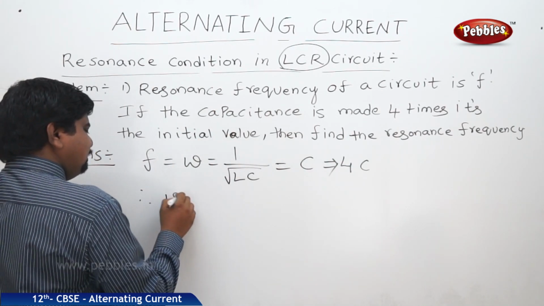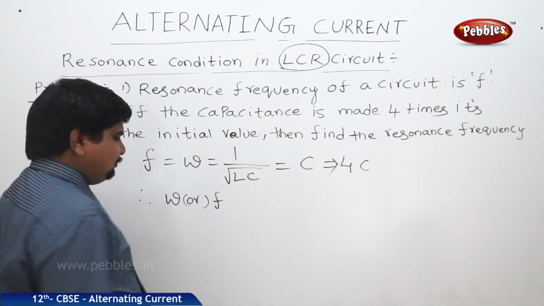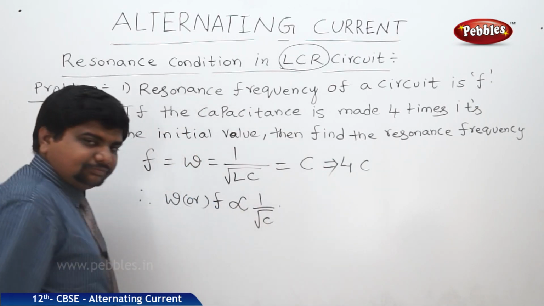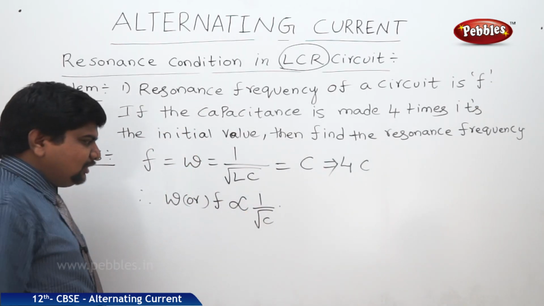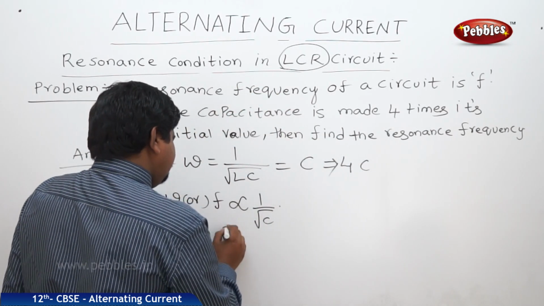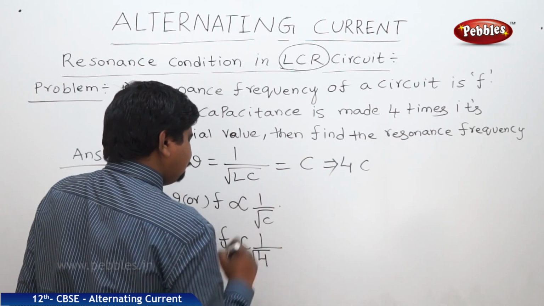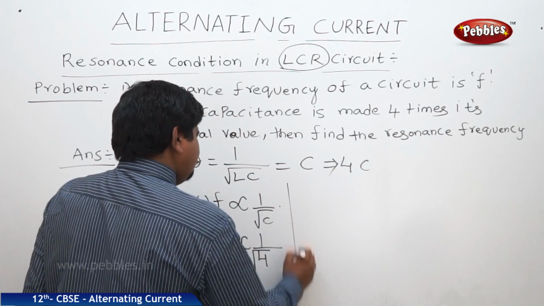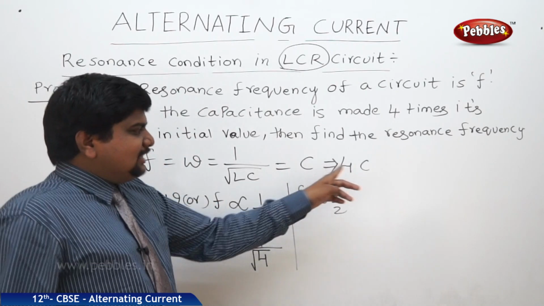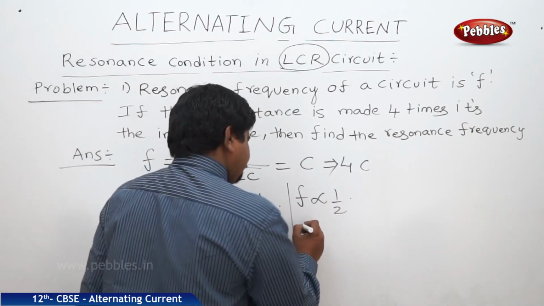Therefore, ω, or F, proportional to 1/√(LC), we can write as proportional to 1/√C. Now C becomes 4 times the initial. Therefore, F is proportional to 1/√4. What is 1/√4? 1/2. So if capacitance increases by 4 times, the frequency is reduced by half.